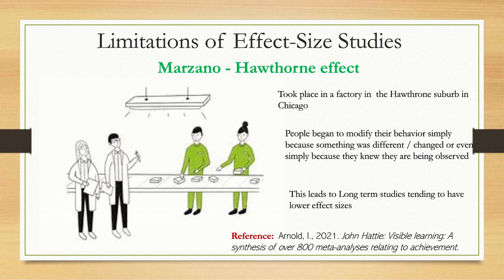Just because if something was a short-term study, their effect sizes were higher because they knew they were being observed, they knew something was changed, or they knew something was different, so their behaviour was modified, and then the effect size studies went up. But when this behaviour or modification grew longer and extended over a long period of time, the effect size studies decreased.